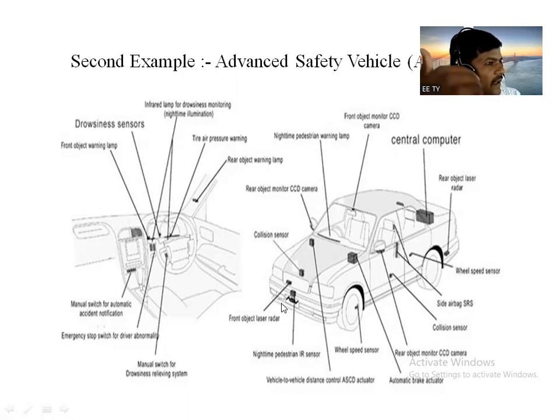If your vehicle is nearer to the preceding vehicle, the first vehicle, and we provide some specific distance from a safety point of view, then automatically the speed of your car will be reduced, right?